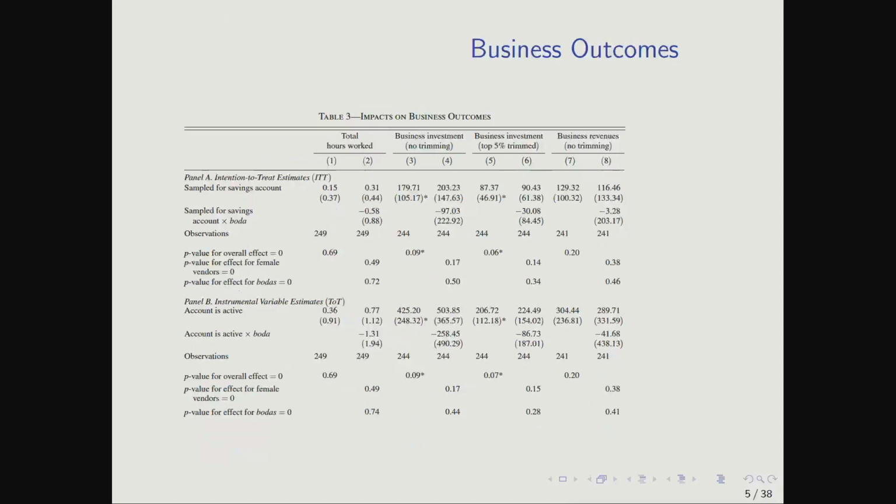And then you can look at business outcomes, and they found that they're able to invest more in the business. Business investment is lumpy, so they try with and without trimming a little bit, but you get the same kind of results. This is mostly the women as opposed to the men who are cycle drivers.